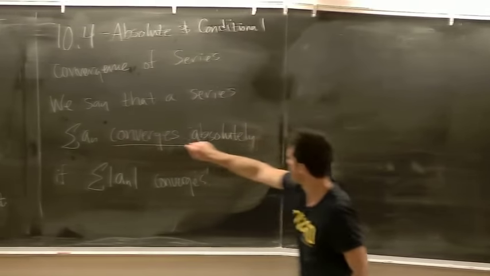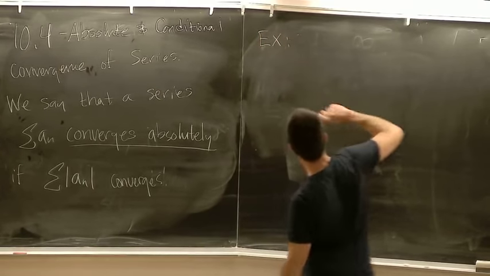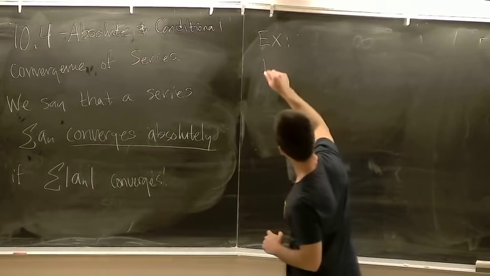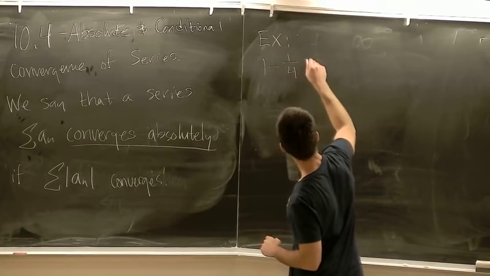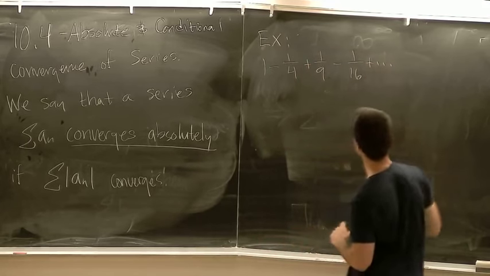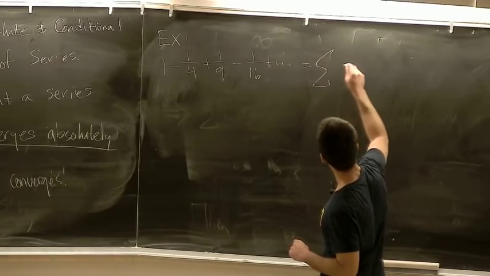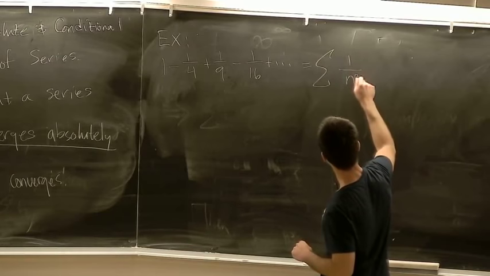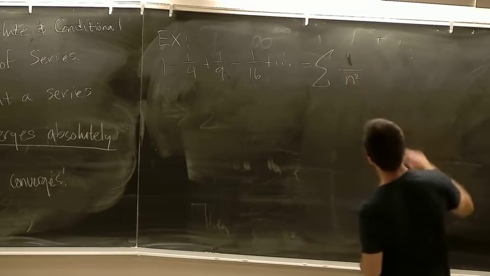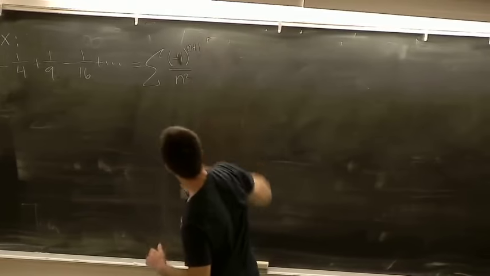So, for example, how about 1 minus 1/4 plus 1/9 minus 1/16? It's the sum of the inverse squares, excuse me, but we're alternating. So we put a little -1 term there.